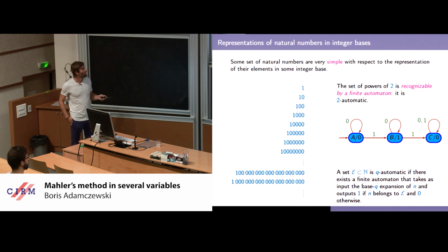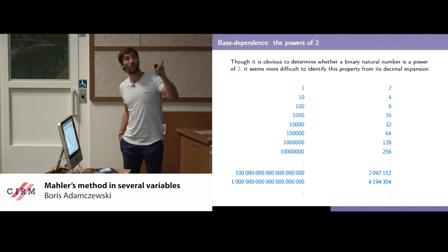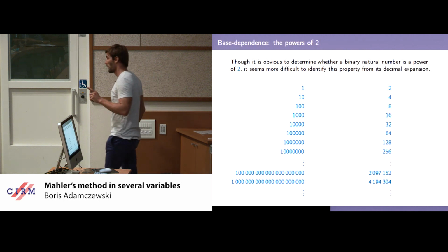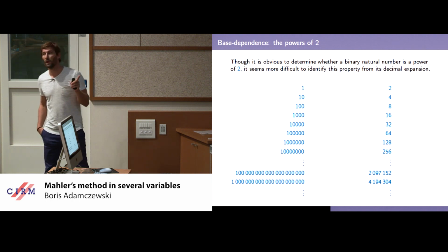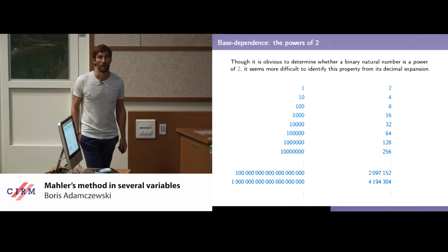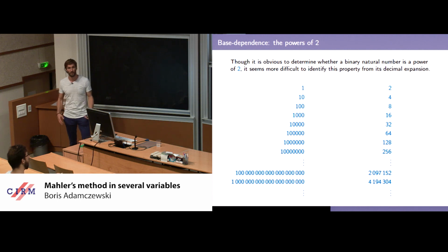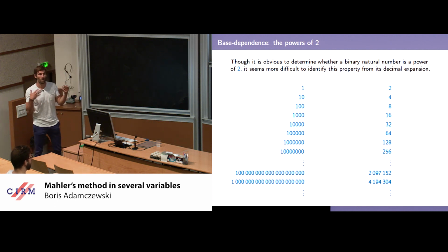Now, if you consider the powers of 2 in base 10, they are here on the right-hand side, it seems to be much more difficult to recognize them. If I give you powers of 2 in base 10, it's harder to figure out how to recognize them.